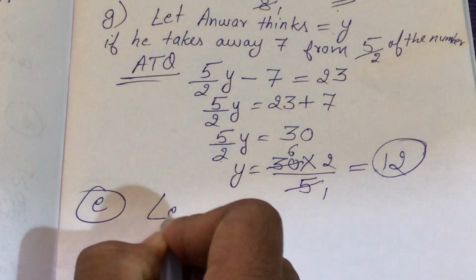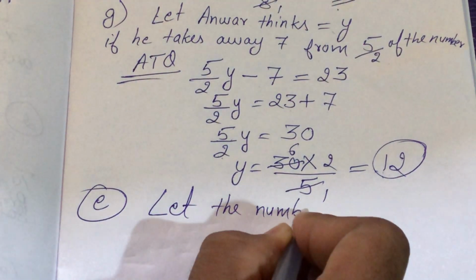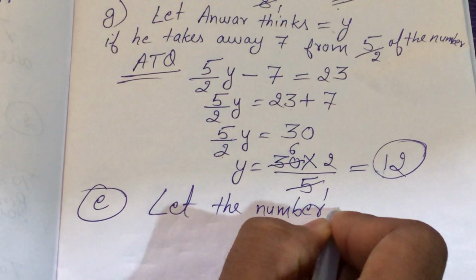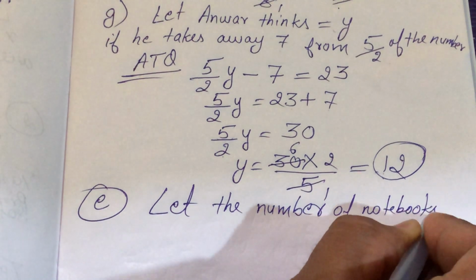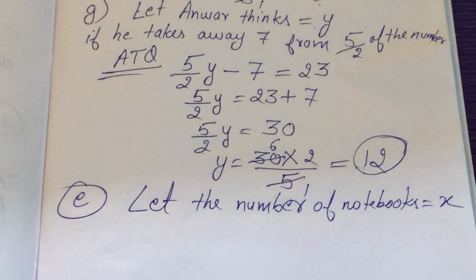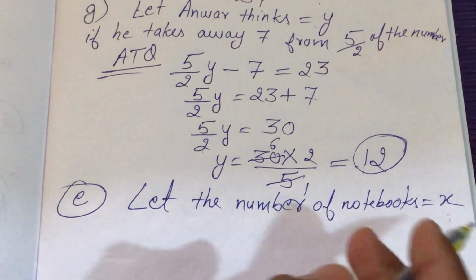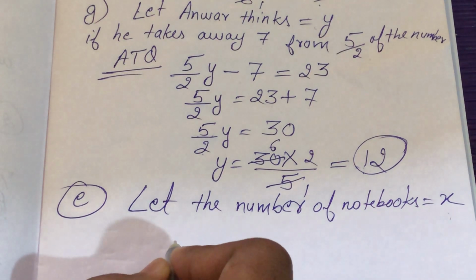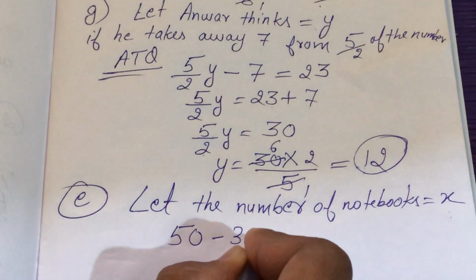Now let the number of notebooks he is having be x. Now what he has done, he has taken 3x and subtracted from 50, thrice करके 50 minus 3x किया उसने.